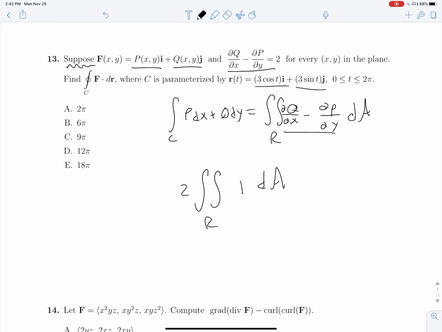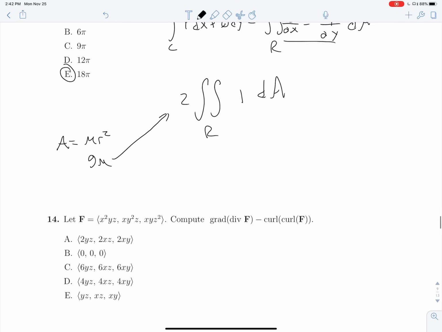Well, this is just a circle of radius 3 that we're tracing out counterclockwise, going one full time around because t is between 0 and 2 pi, so we could do this in polar coordinates. In fact, we don't have to do any calculus because the area of a circle is just pi r squared, and our radius is 3, so we get 9 pi, and we're multiplying this area by 2, so 18 pi is our answer.